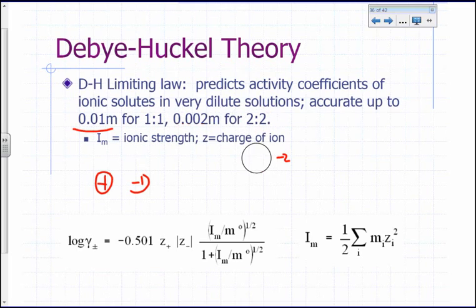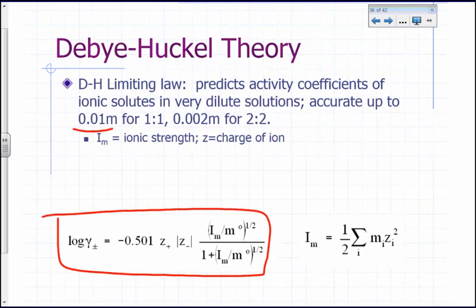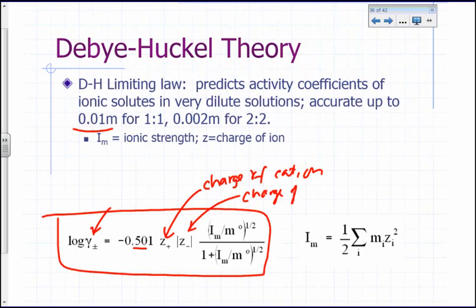We're not going to go through the derivation of this. The equation from the Debye Huckel theory is given by this: log of gamma plus minus. Gamma plus minus is the mean ionic activity coefficient, and can be shown to be -0.501 times Z plus, the charge of the cation, and the absolute value of Z minus, the charge of the anion.